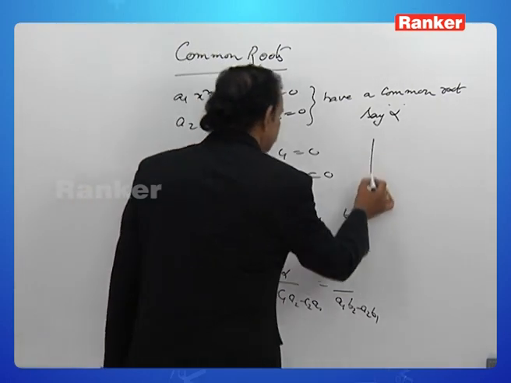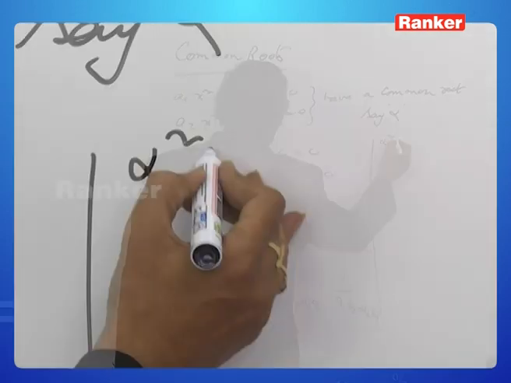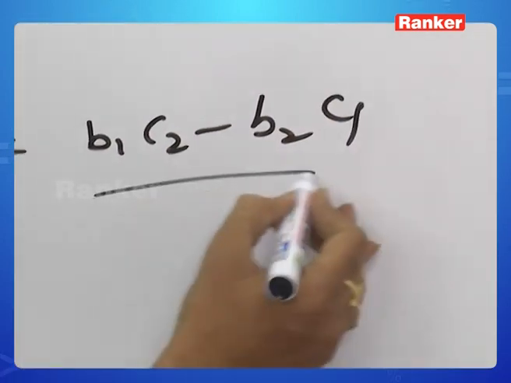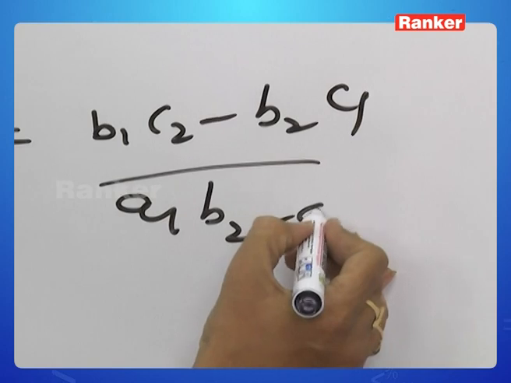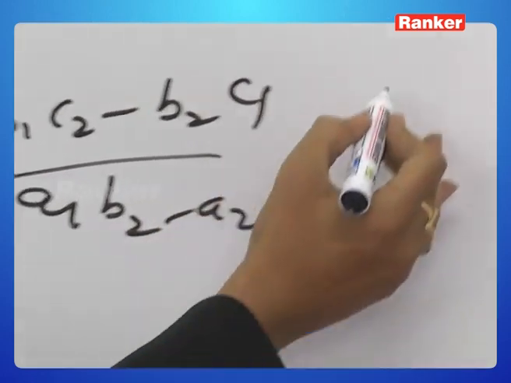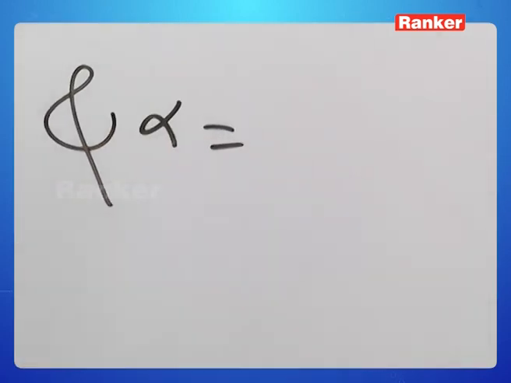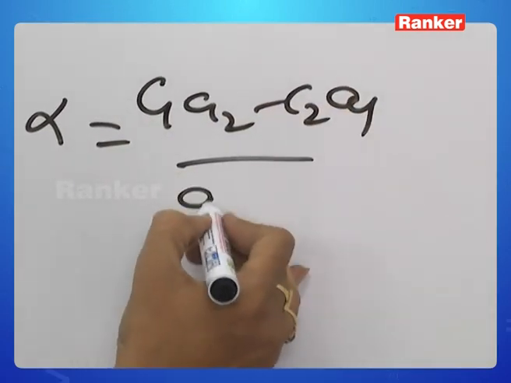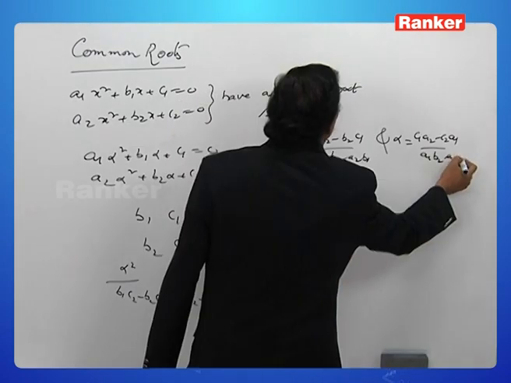But alpha square is therefore b1 c2 minus b2 c1 by a1 b2 minus a2 b1, and alpha is equal to c1 a2 minus c2 a1 by a1 b2 minus a2 b1.